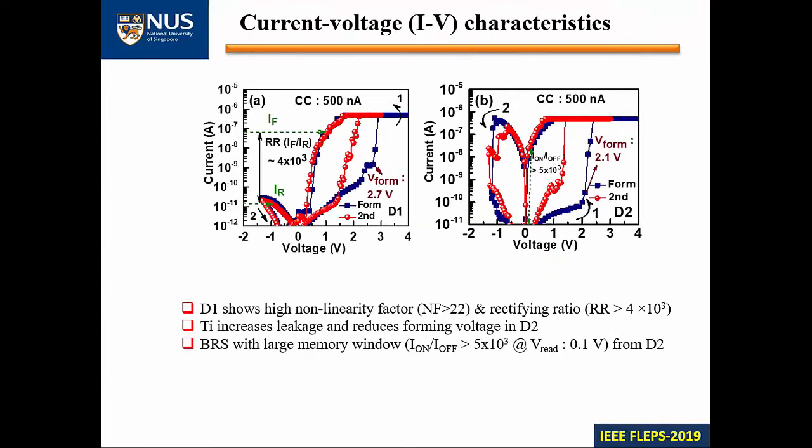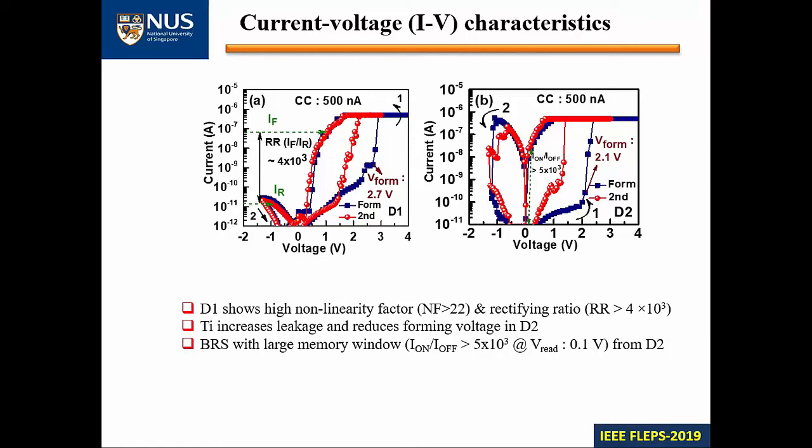Next, we come to the resistive switching behavior. For fair comparison, the CC level was kept at 500 nanoampere for both cases. From the left figure, which is D1, we can clearly see that D1 shows a high nonlinearity factor, larger than 22, and also a high rectifying ratio, larger than 4 times 10 to the power of 3.